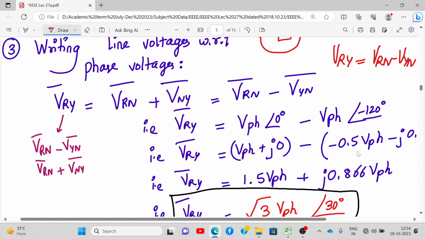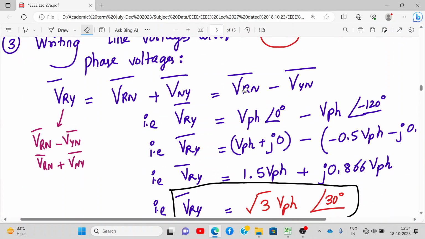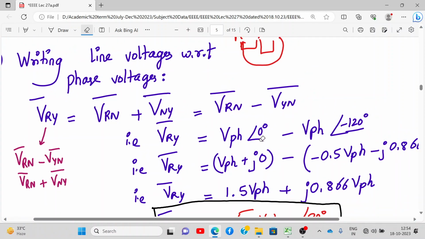If I want to make VYN plus, I can write it as plus VNY. So I write VRY as VRN plus VNY, or we can write it as VRN minus VYN.